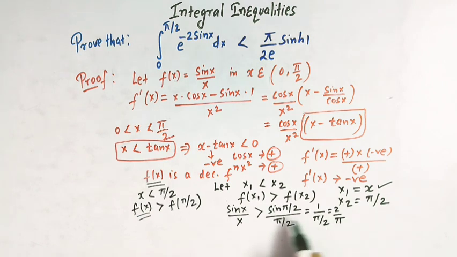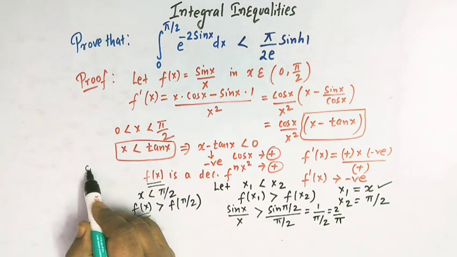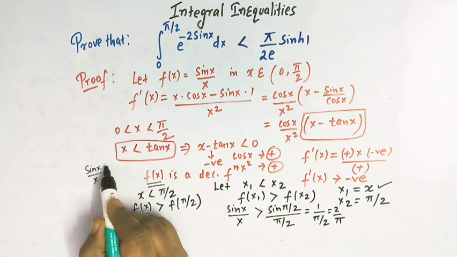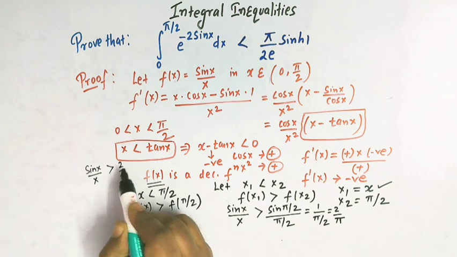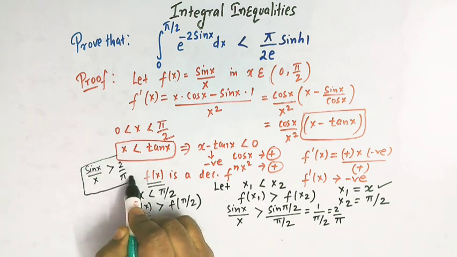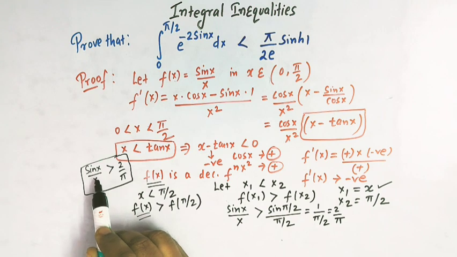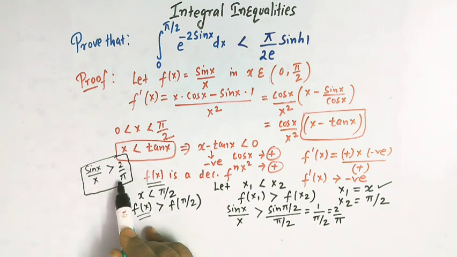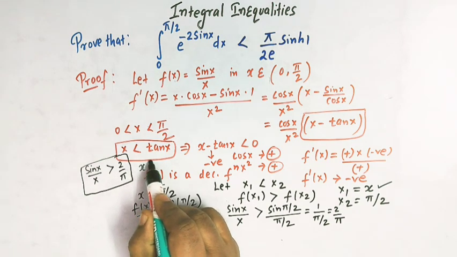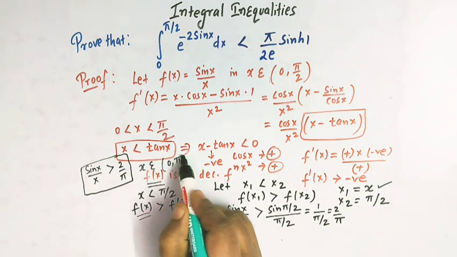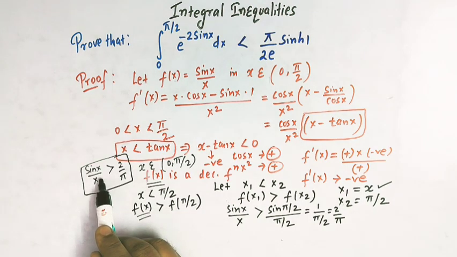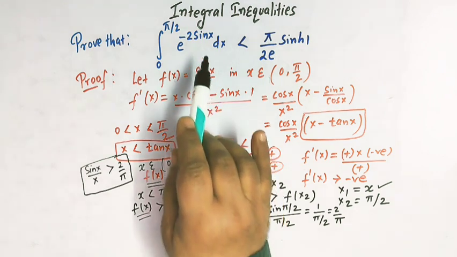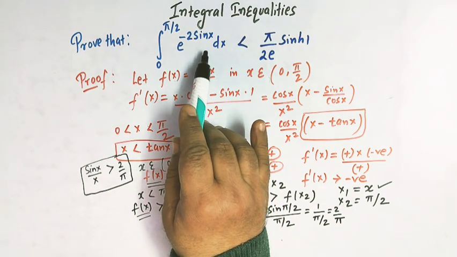So we have established that sine x over x is greater than 2 by pi. We have also proved an important inequality: sine x over x is always greater than 2 over pi in the interval 0 to pi by 2. Now we'll proceed from this inequality to get the integral inequality.